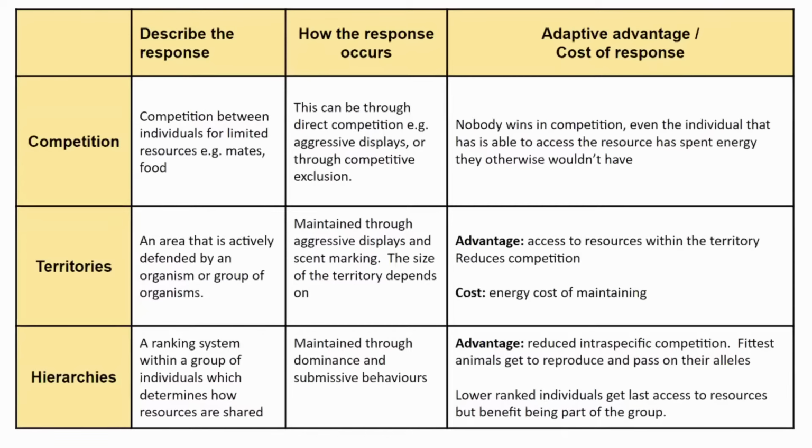Some other ways to reduce intra-specific competition is through territories, so having your own specific area of land that you have access to the resources in, okay? And you are going to defend this area. You're going to stop anyone else from accessing it.